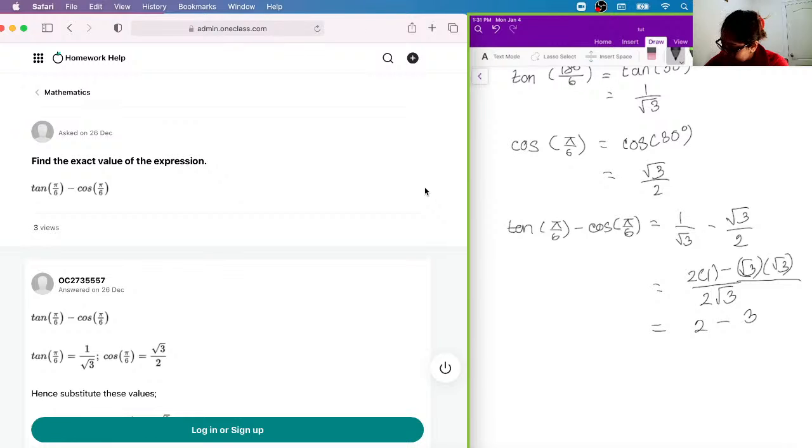So root 3 times root 3, the roots cancel out and you have 3, and you have 2 root 3. Further simplifying, you have minus 1 over 2 root 3. And so basically, tan pi over 6 minus cos pi over 6 is equal to negative 1 over 2 root 3.